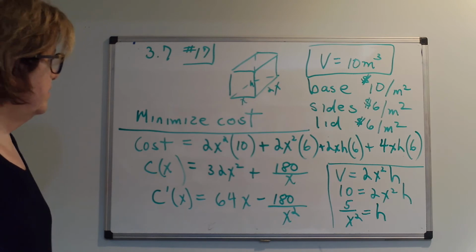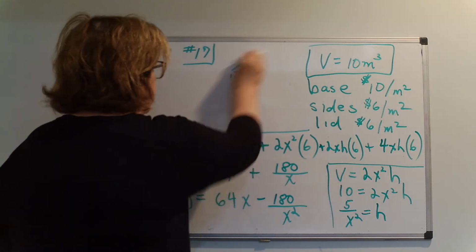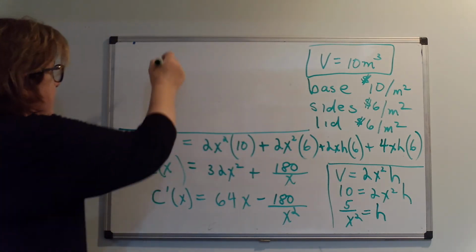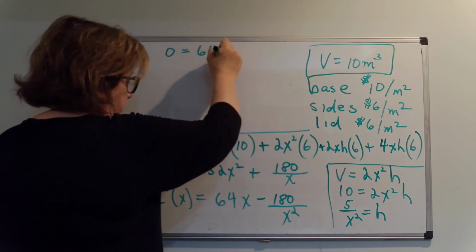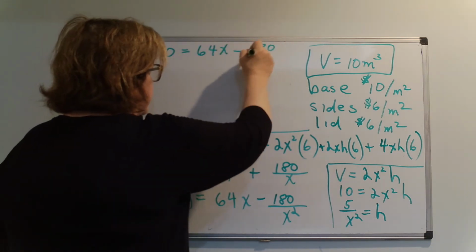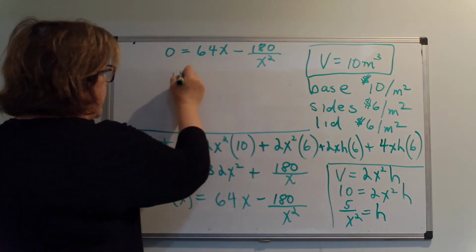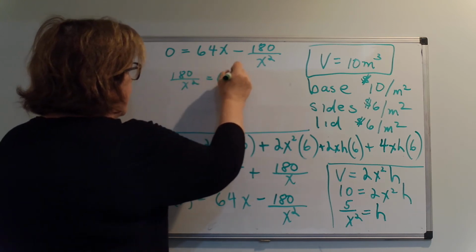Okay, so I'm going to get rid of this and get some room up here. So I'm going to set this to 0. Okay, so I'd have 180 over x squared equals 64x.